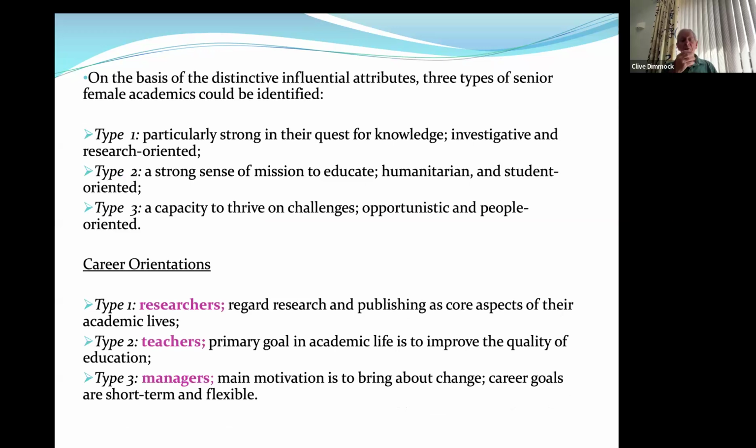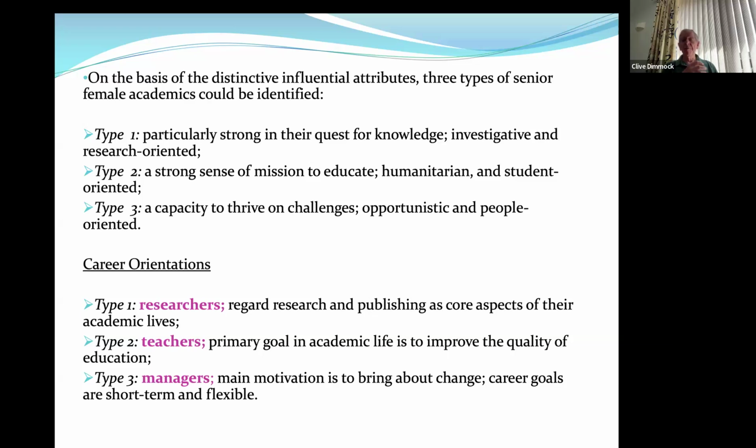And she came up with a typology of 3 types of academics. These 11 women fell into one of 3 types. One group were women who had very strong attributes in research and investigation. They were purely strong, research-orientated people. A second group of the 11 could be identified as much more interested in education and teaching, and student-orientated. They loved teaching, they loved their students, and they saw their roles very much as humanitarian, helping others.